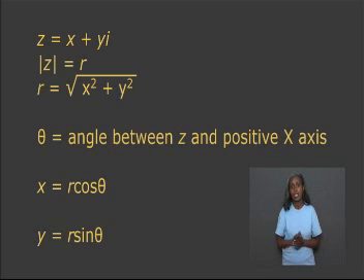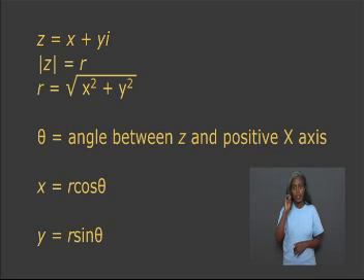The modulus of z, expressed as r, is equal to the square root of the sum of the squares of x and y.